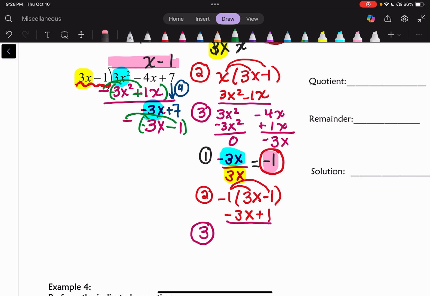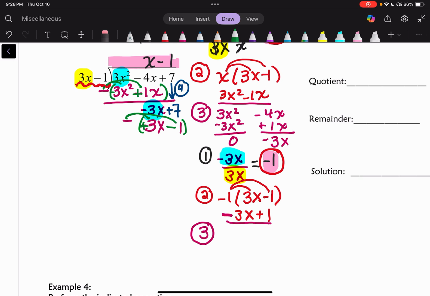And I apologize, I forgot this negative right here that we had at the beginning. So this should actually be a negative 3x. That's what we started with. So when I distribute that negative, that's actually going to give me a positive 3x.